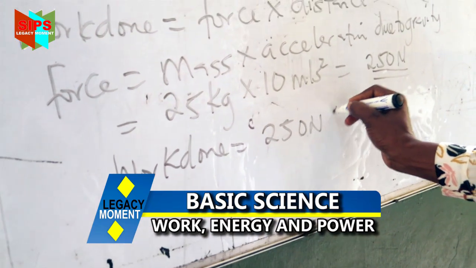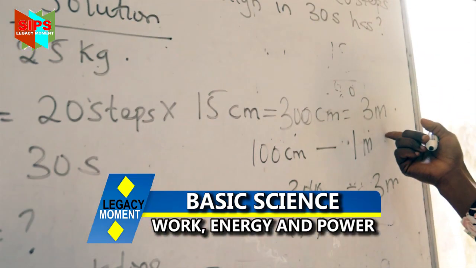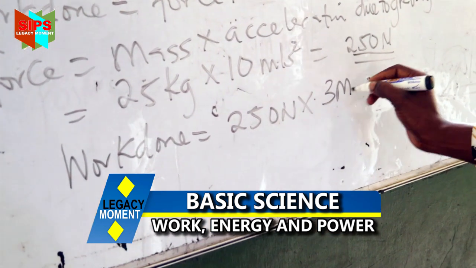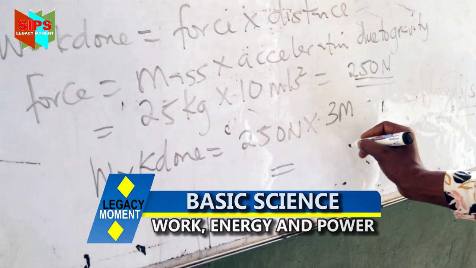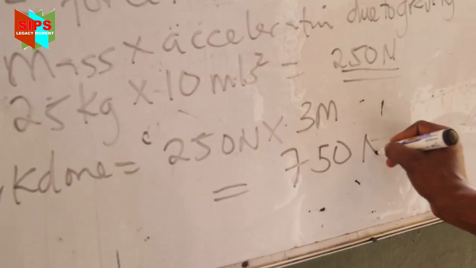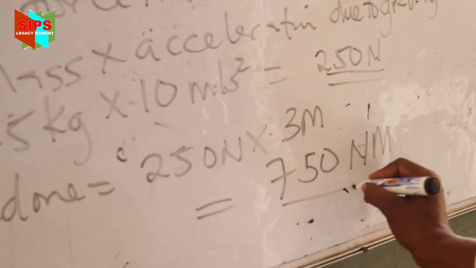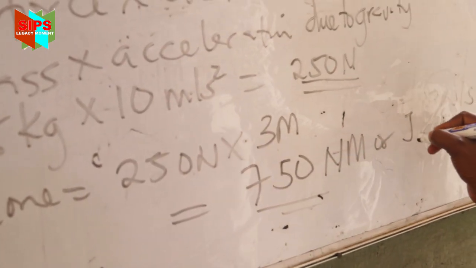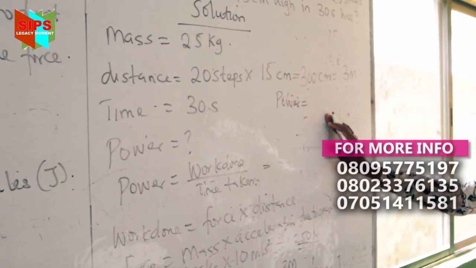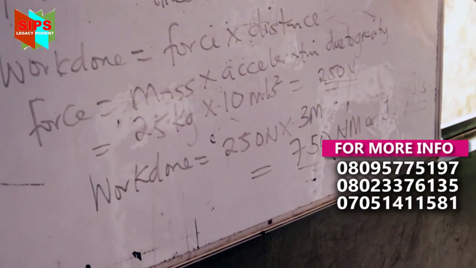And work done becomes 250 Newton. What's our total distance? 3 meters. So it becomes what? 750 Newton meter or joules. Thank you very much. So we can now calculate for power since we have our work done.